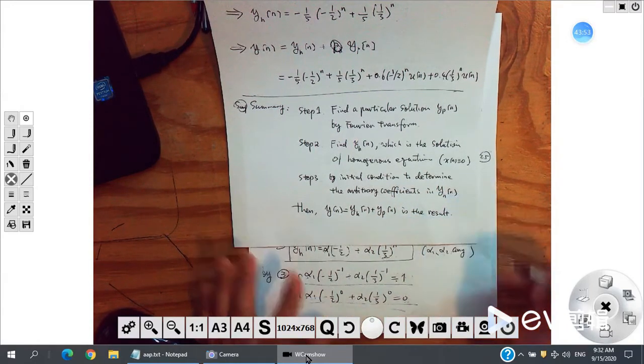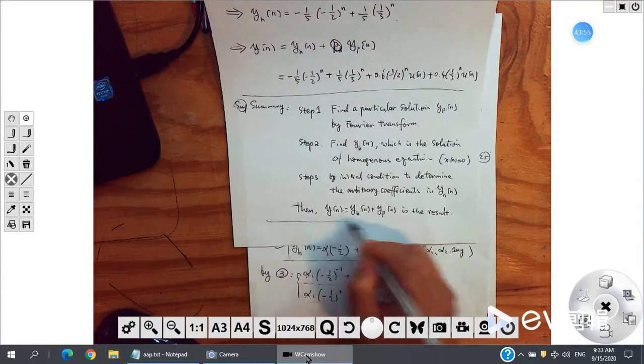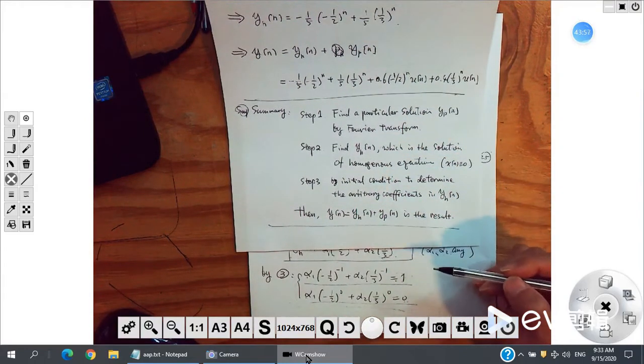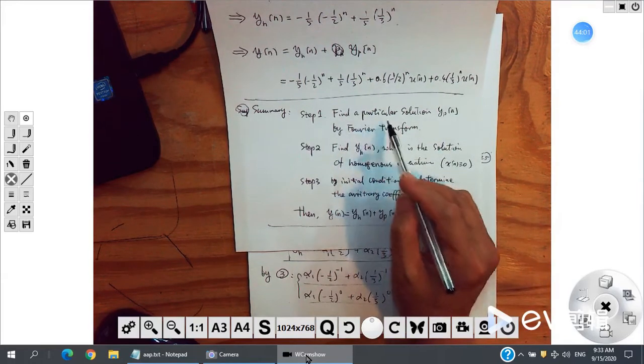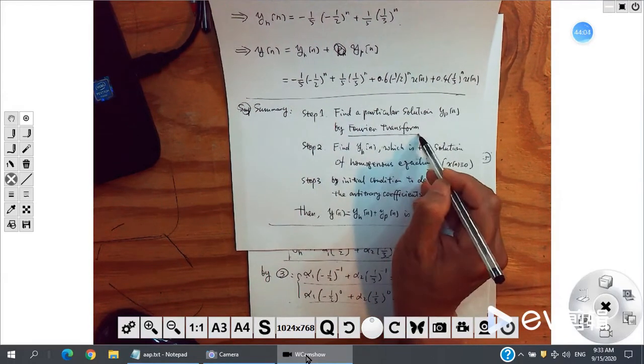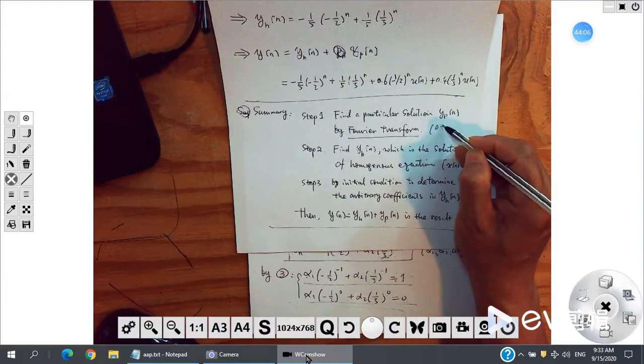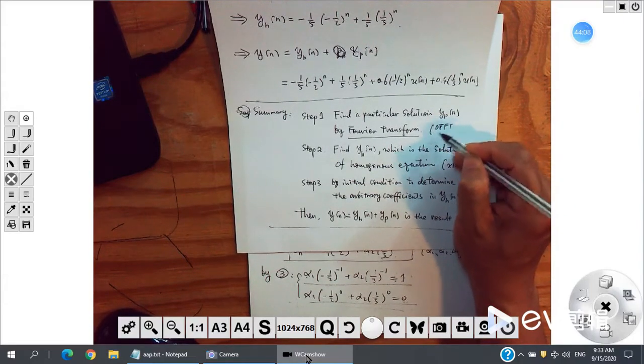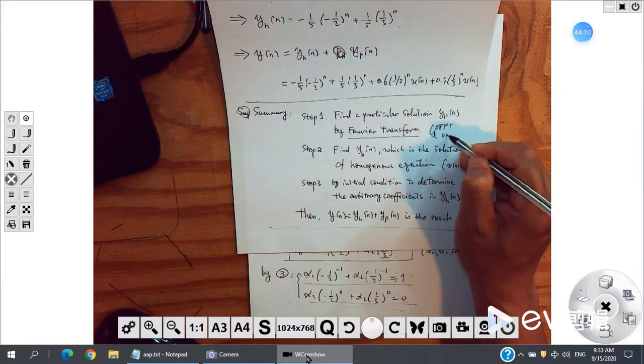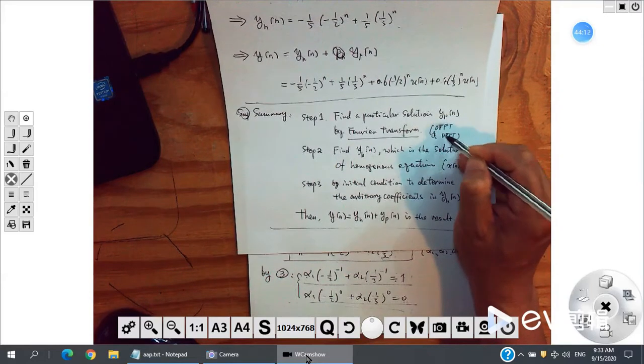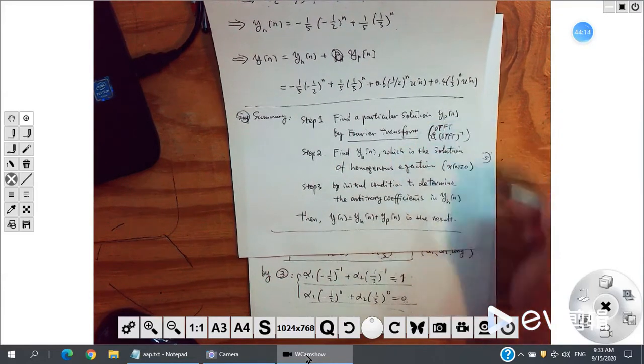Okay, so like this. Alright, so we have three steps. In the first step, we need a DTFT and the DTFT inverse. We need both, right?